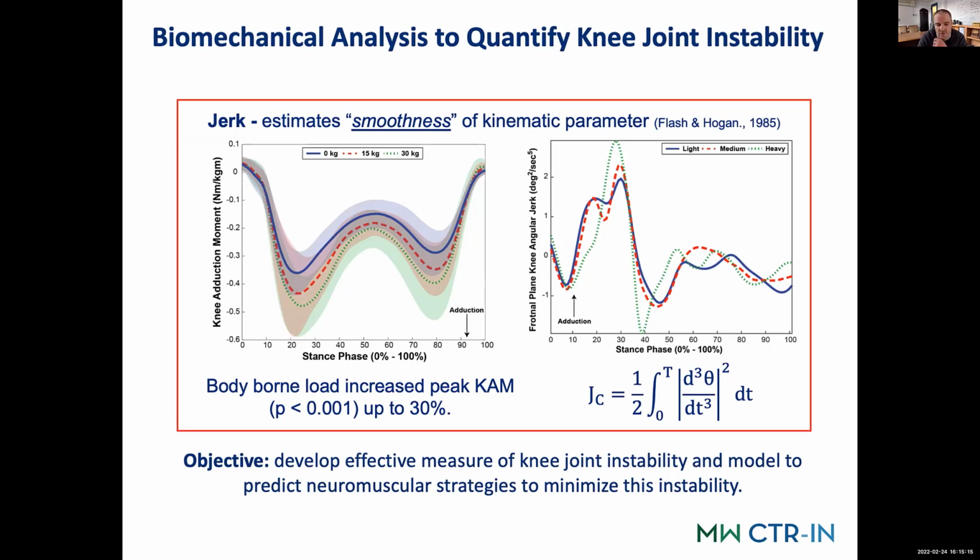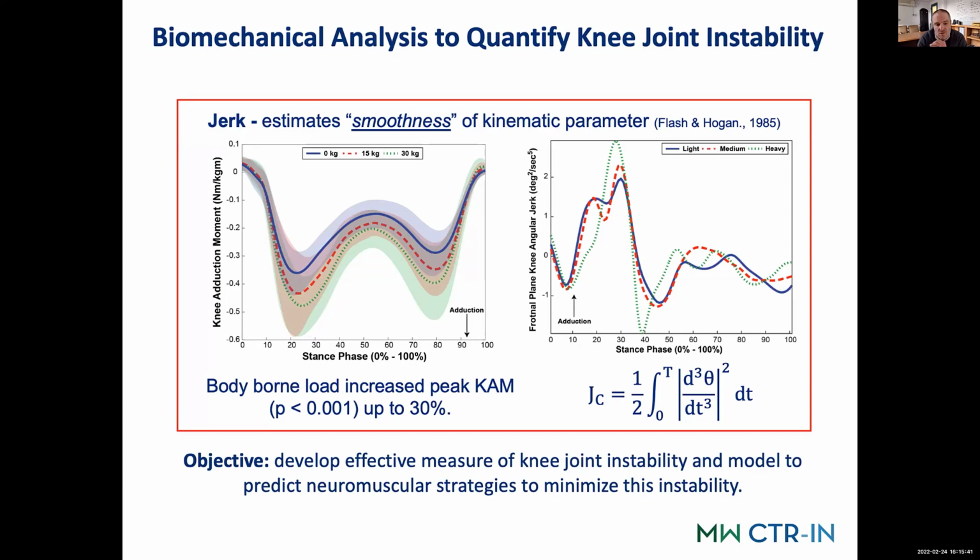All right, so I have this line of research where we're trying to prove or disprove that this jerk measure effectively quantifies instability at the knee joint. This is important because instability is related to acute injury. And people that go on to develop osteoarthritis of the knee often have episodes of instability.